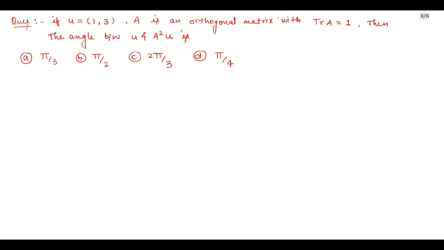Anyone get the answer? So we know the general orthogonal matrix, right?